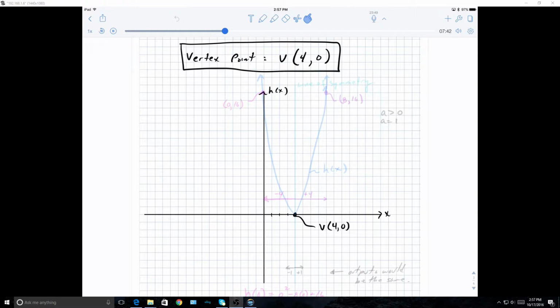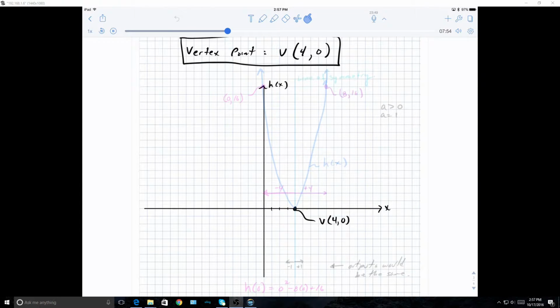Now what I'm also going to do is, maybe in a really weird blue, draw in the line of symmetry at this point. So I'm just drawing a vertical line indicating here is the line of symmetry.